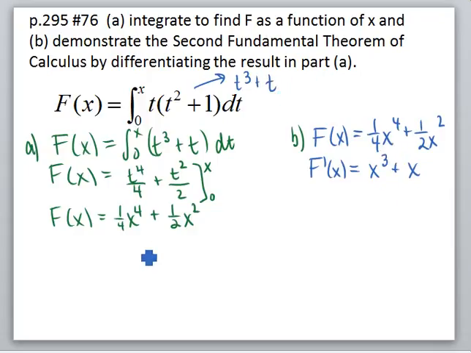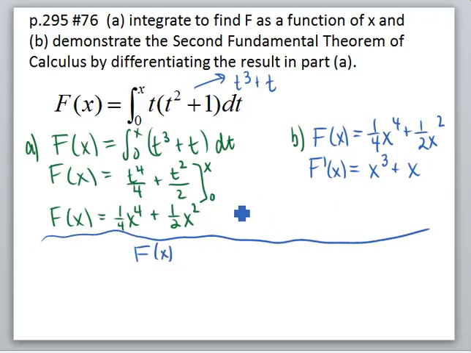So let me go ahead and do the second fundamental theorem of calculus as a little side problem. If I'd actually used the second fundamental theorem of calculus to find f prime of x, here's what it would look like. You would start out with this original problem, and it would say, find f prime of x, which we're going to do on the next problems anyways, but this is just an additional one.